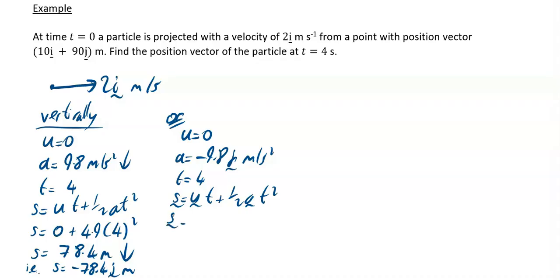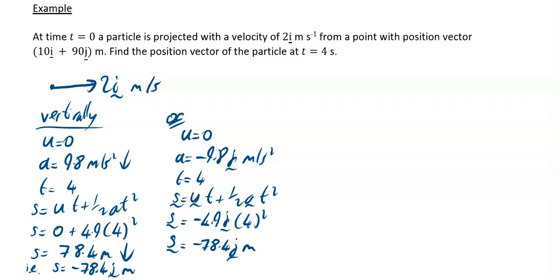So your vector s is equal to a half times the 9.8 j, so it's going to be minus 4.9 j times the 4 squared. So your vector s is equal to minus 78.4 j meters. Okay, just to show you there's two ways of doing that same thing.